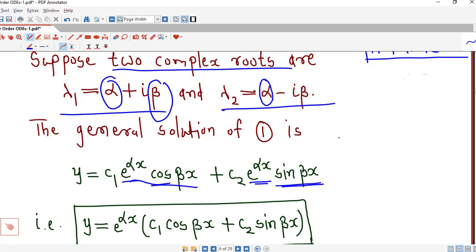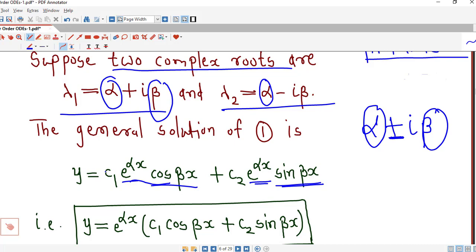So we will remember, if the roots are complex, then they will always be in pair. If one root is alpha plus i beta, there must be alpha minus i beta as a root. So we will use this alpha and beta to write down the general solution.